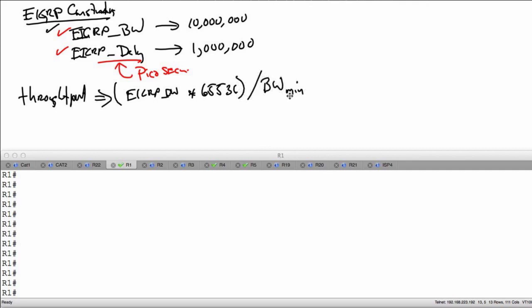So the bandwidth of the slowest link in my topology.